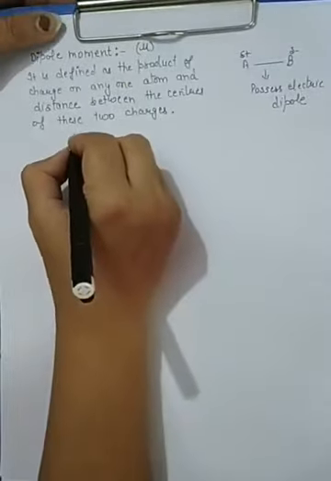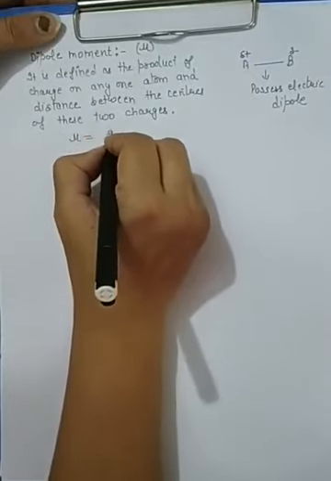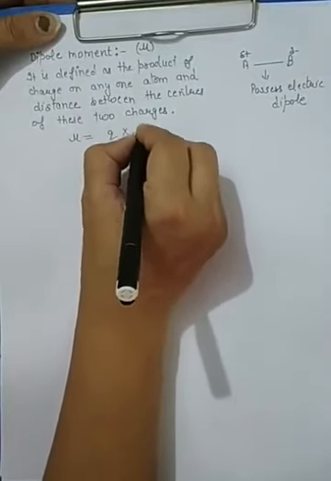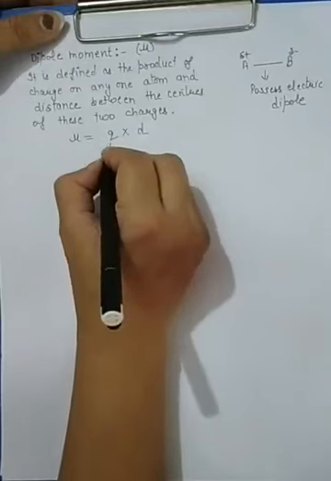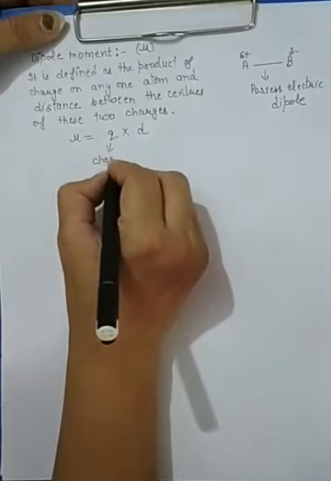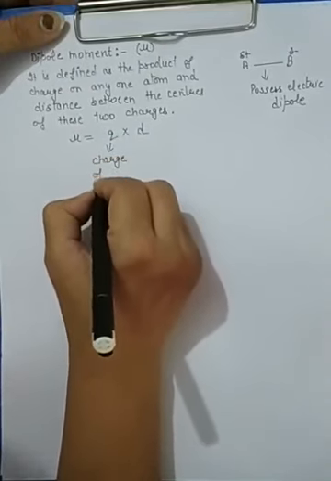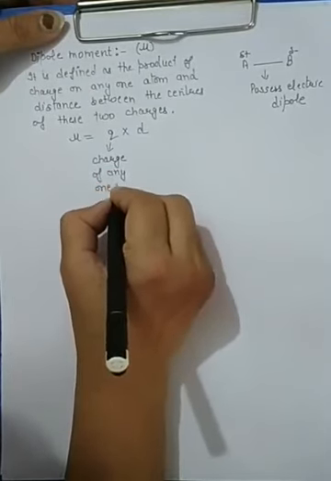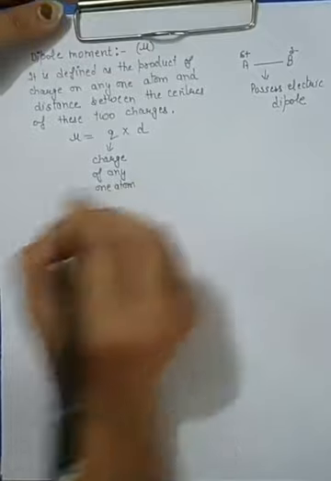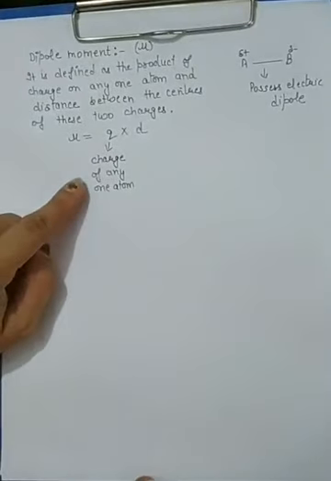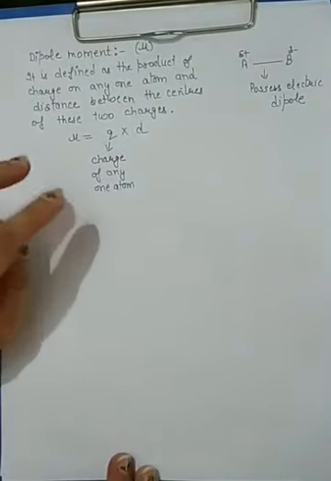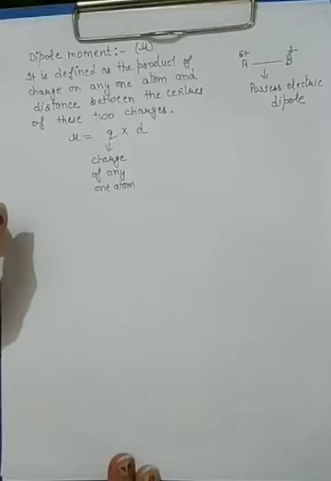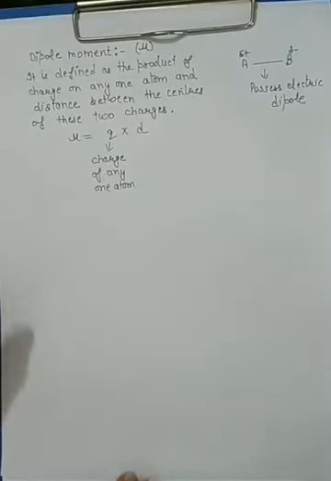So mathematically it is represented as mu equals Q multiplied by D, where Q is the charge on any one of the atoms. We take the charge of any one atom, as both the charges are the same in value.